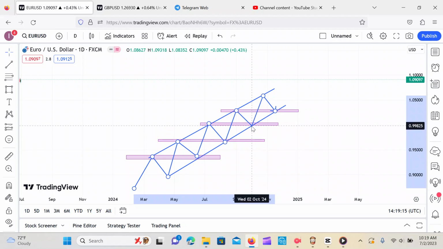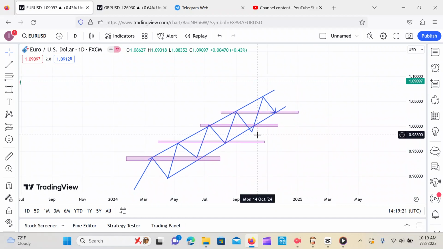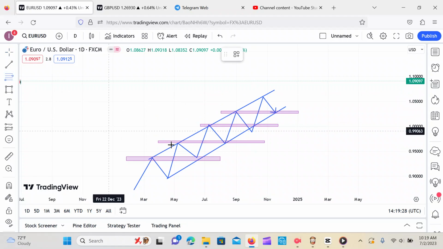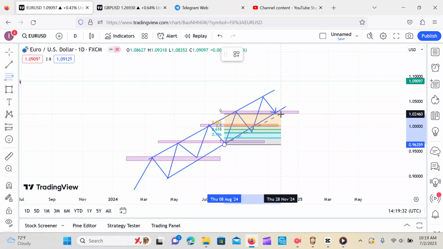So as long as price is still around here, if price is pushing down to this area, you can apply another piece of information. Maybe you'll be expecting price to come down to this area, or you plot your Fibonacci retracement, dragging it from this low to this high.